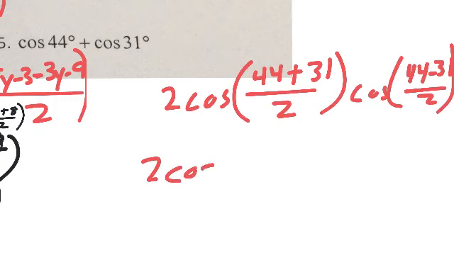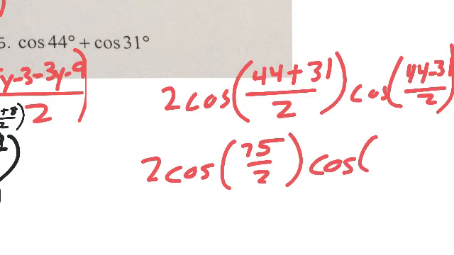When I simplify that, that's going to be 2 cosine of 75 over 2 times cosine of 13 over 2. Did I mess something up? Nope. Okay, so that's that one.